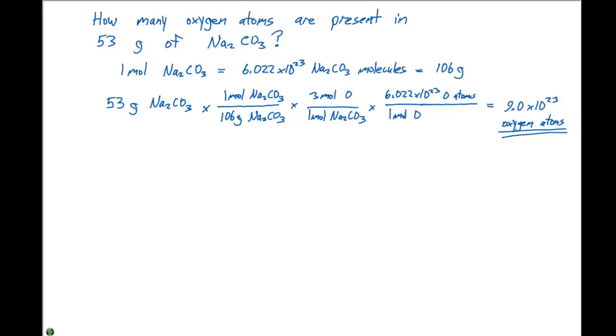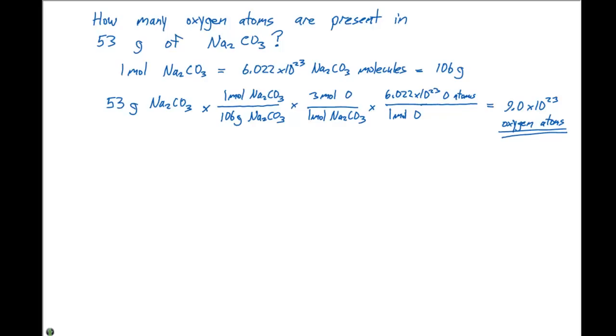And we need to now check for our significant figures. We initially start with 2 significant figures. When we're making conversion factors in terms of grams and moles and how many moles you have in different coefficients here, those are exact numbers. So they're going to have an infinite amount of significant figures.